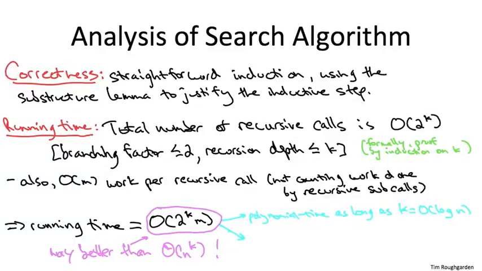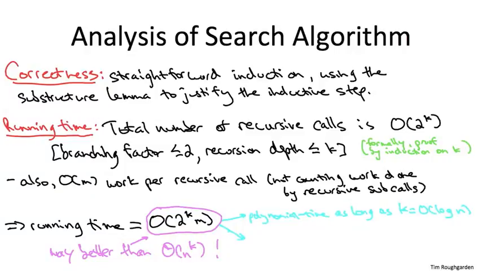So now let's segue from these mathematical bounds to thinking through actually implementing these algorithms and running them on actual data. So for the naive brute force search, you've got this running time of n to the k. And even for a relatively small graph, let's say n is maybe 50 or 100, you're not going to be able to run this naive brute force search algorithm except for extremely small values of k. 3, 4, maybe 5 if you're lucky.